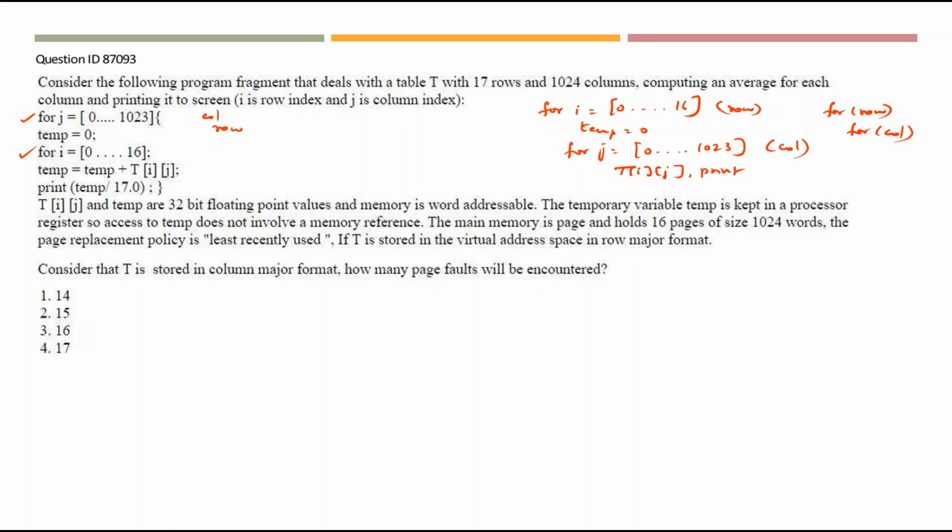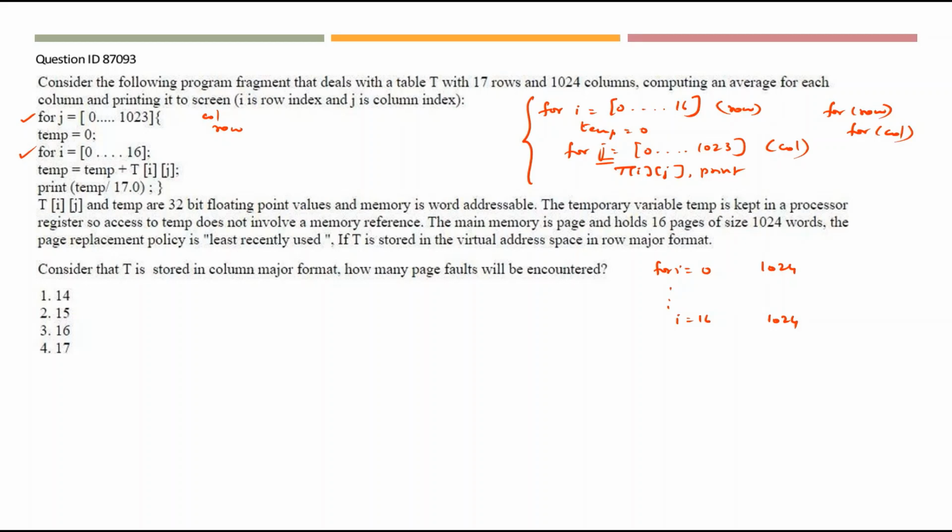So let's take T stored in column major format, as in this part. How many page faults will be encountered? For i equal to 0, how many elements can be accessed? 1024 elements can be accessed. Likewise, for the next i, 1024 elements can be accessed, because the inner loop has the column count and the outer loop has the row count.